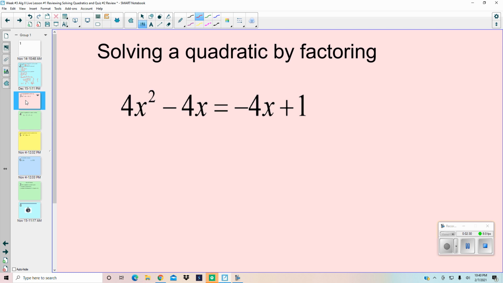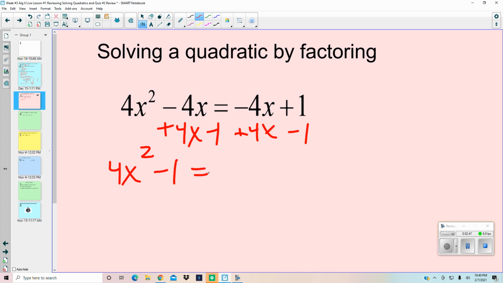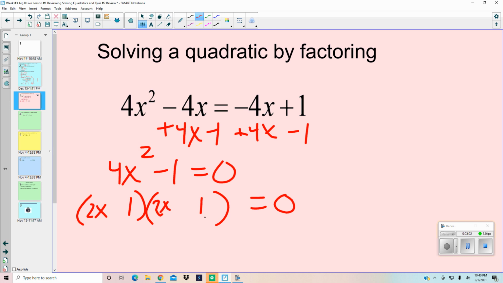So if you're asked to solve by factoring, you put everything on one side. So you'd end up with 4x squared minus 1 equals 0. Now, since you have that and it says solve by factoring, this would represent the difference of two squares. So you take and square root the 4x squared and you get 2x. Square root 1 and you get 1, being positive and then negative.